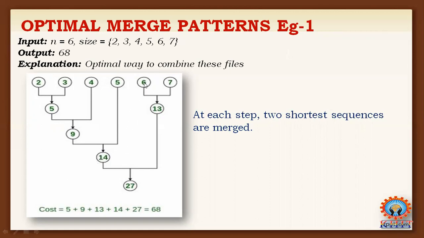Why we merge 6 and 7 only is, if you merge 14 with 6, the total is 20. But if you merge 6 and 7, the total is 13. That means the total merging of these two files is 13. 13 is less than the root node element 14.